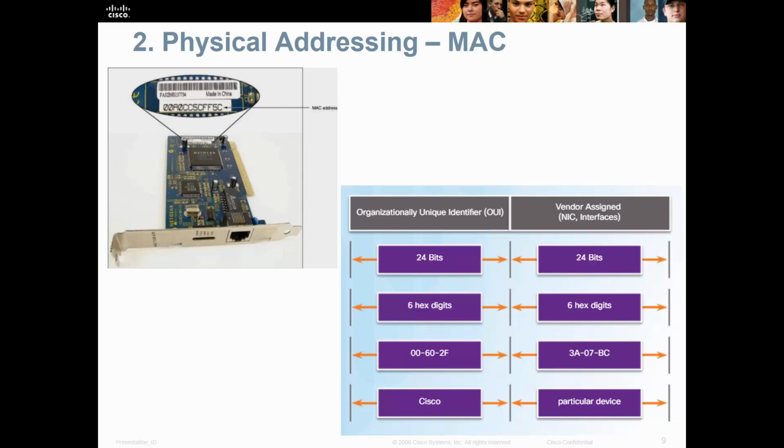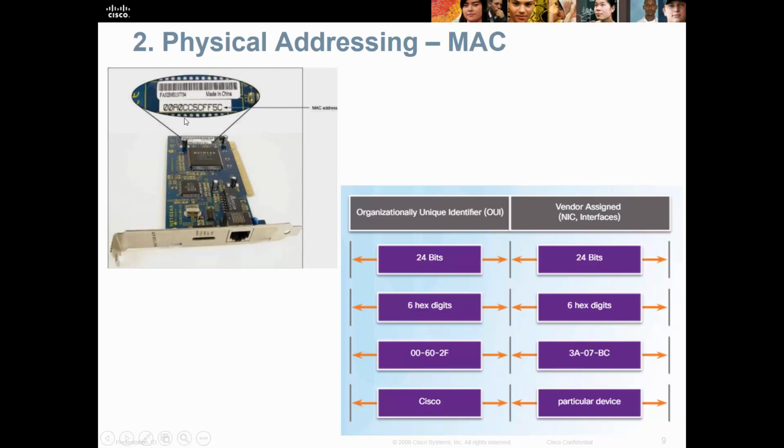So for example, if you have a PC, you would have a network card in the PC that allows you to connect that PC to the network. The network card, or the NIC, network interface card, that you buy and install on your PC comes with a burned-in MAC address or physical address, as you see right here.